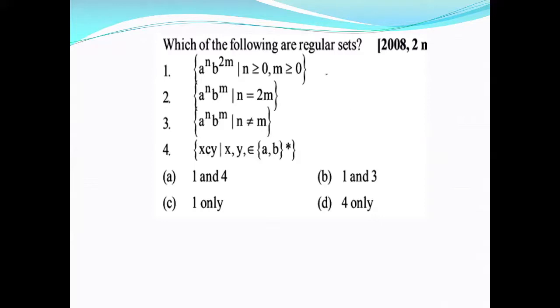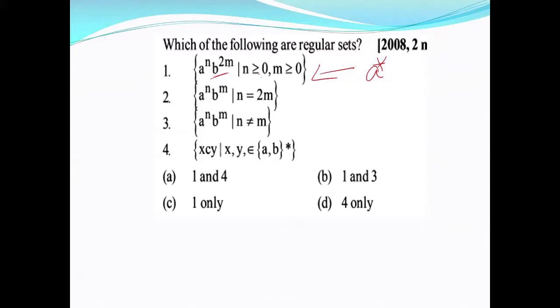So I'll apply that. If you look at this, the strings in this language are some number of A's followed by an even number of B's. Any number of A's, I'll write like this, A star, the regular expression.